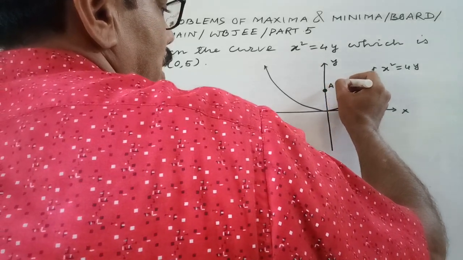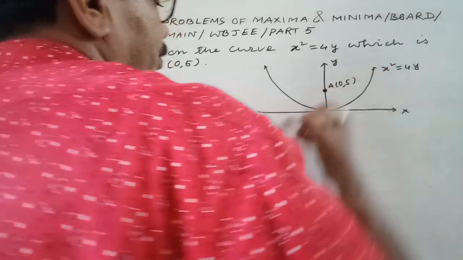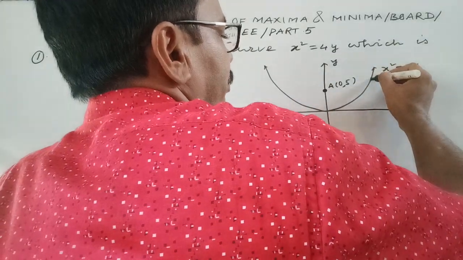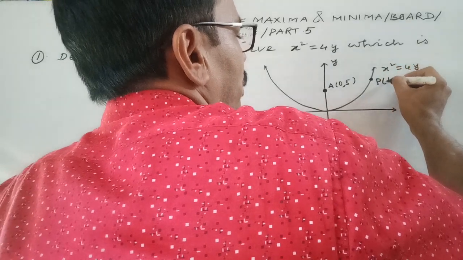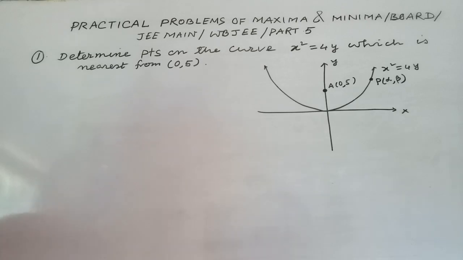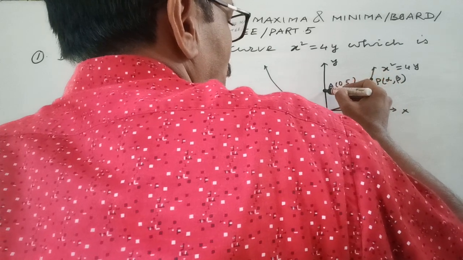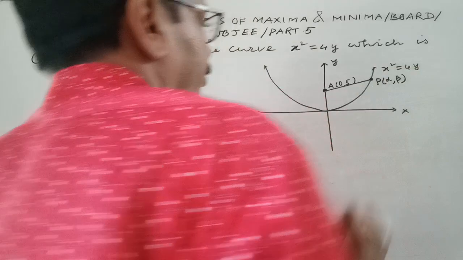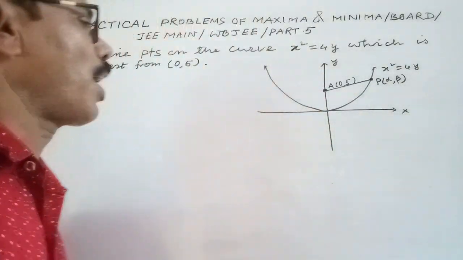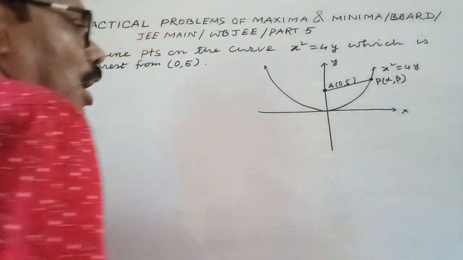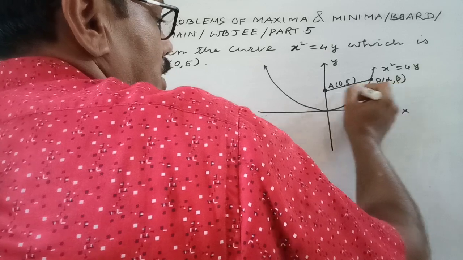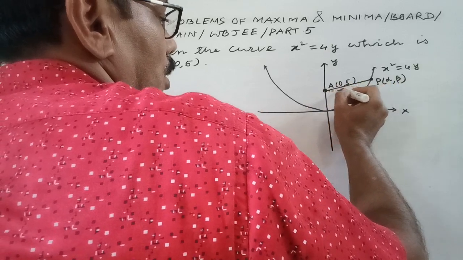Suppose this is A (0, 5) and let P be any point on the curve. So, P (alpha, beta). Now, you have to minimize AP. From the practical idea of the graph, you get 2 points which are equidistant from (0, 5).